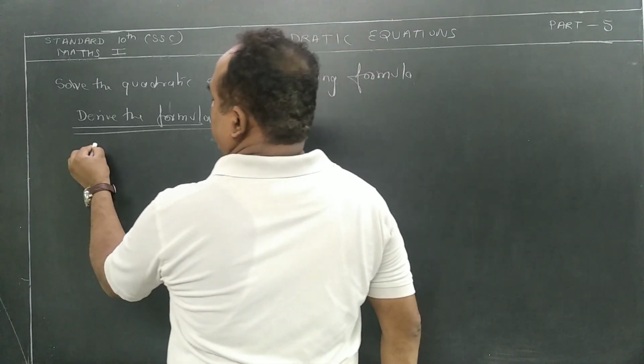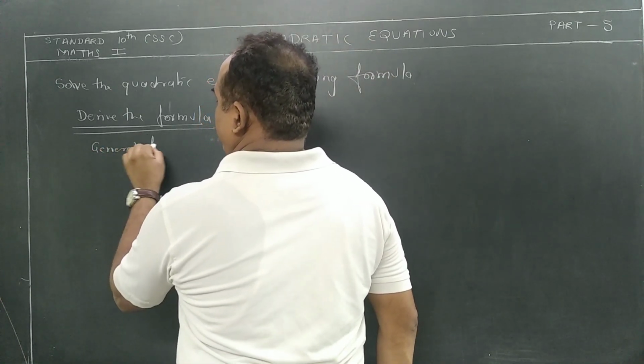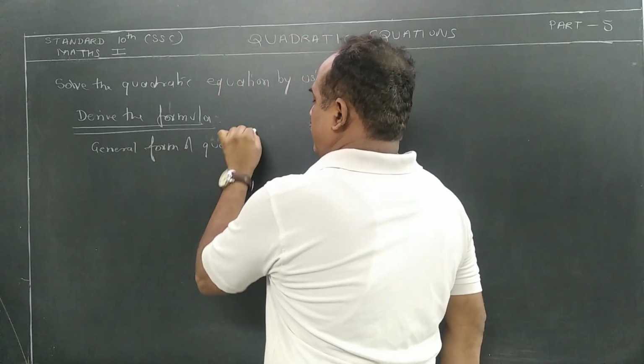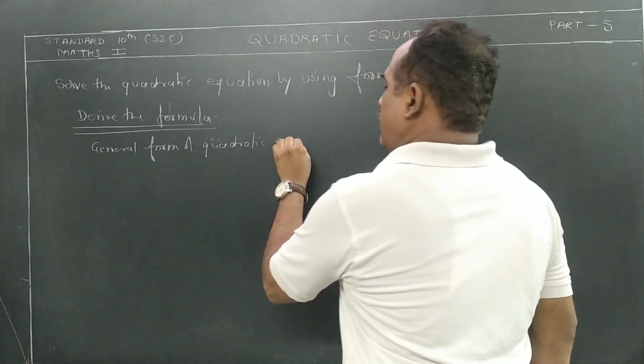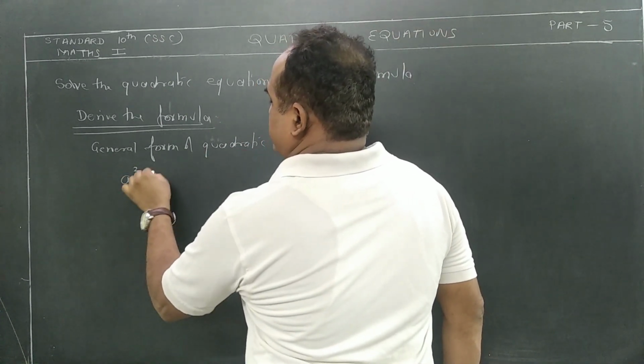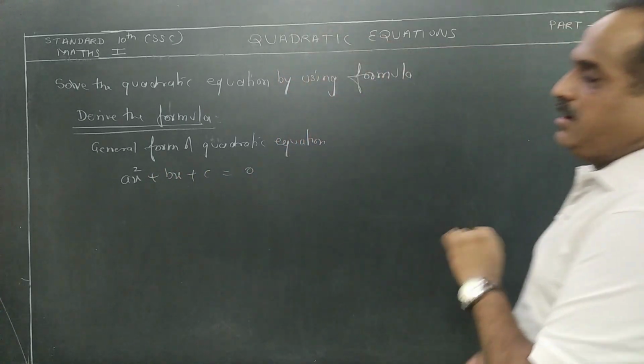Okay, we know the general form. General form of quadratic equation. What is the general form of quadratic equation? Ax square plus bx plus c is equal to 0.